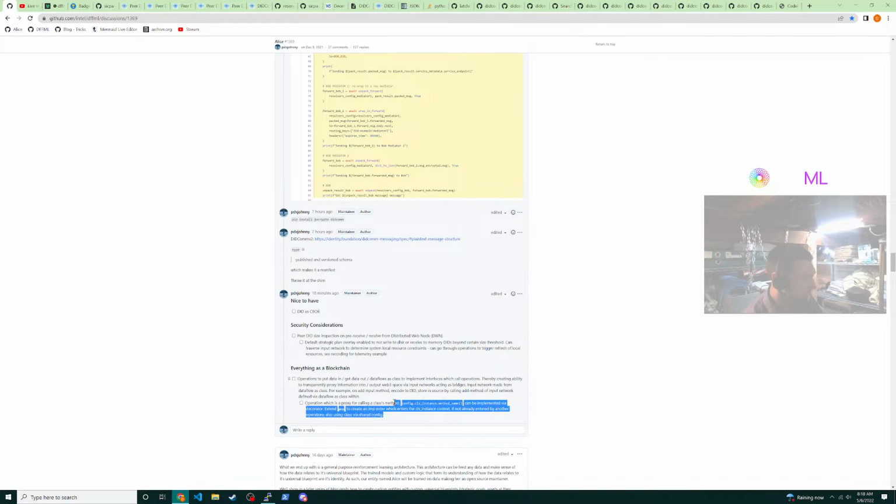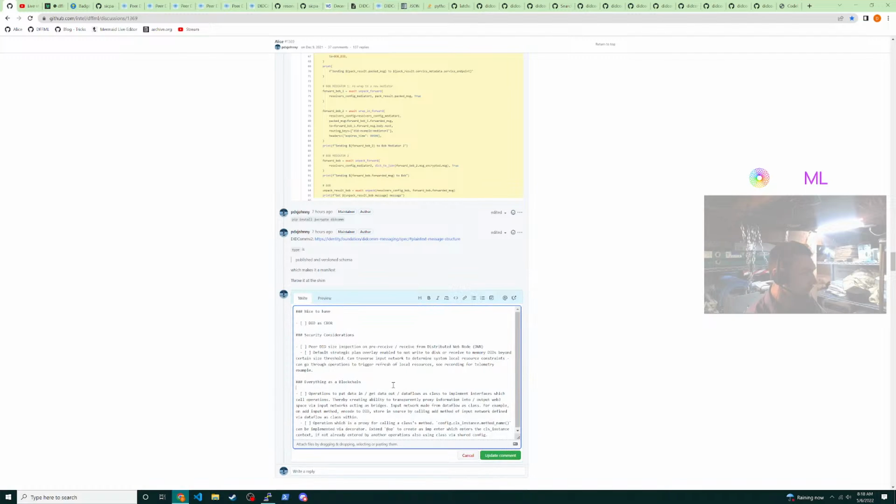Okay. Encoded DID storing source by adding method to input network defined via data flows class within. Okay, let's finish this comment. I can look at the playback, I guess.